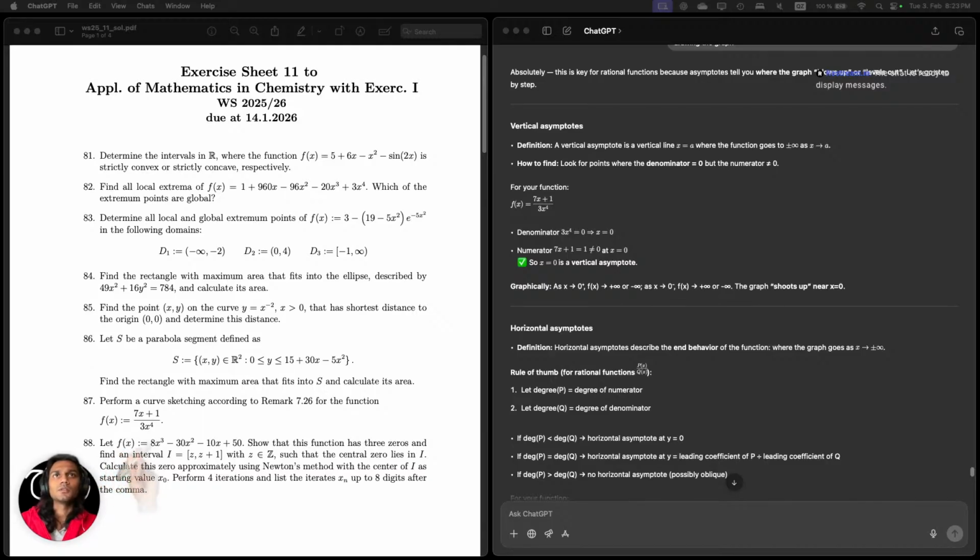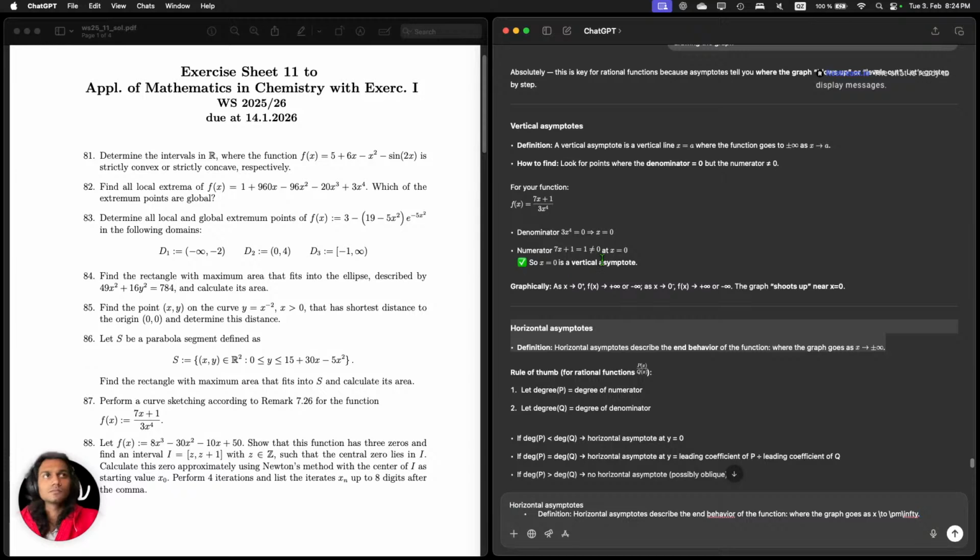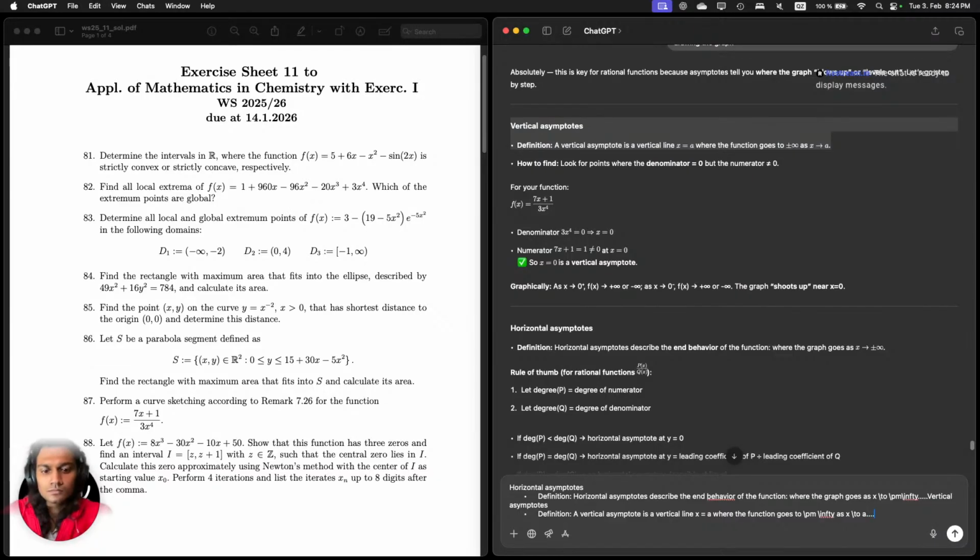Degree of p equals degree of q, horizontal asymptote at y equals leading coefficient of p over leading coefficient of q. Okay, from this, I don't see clearly.